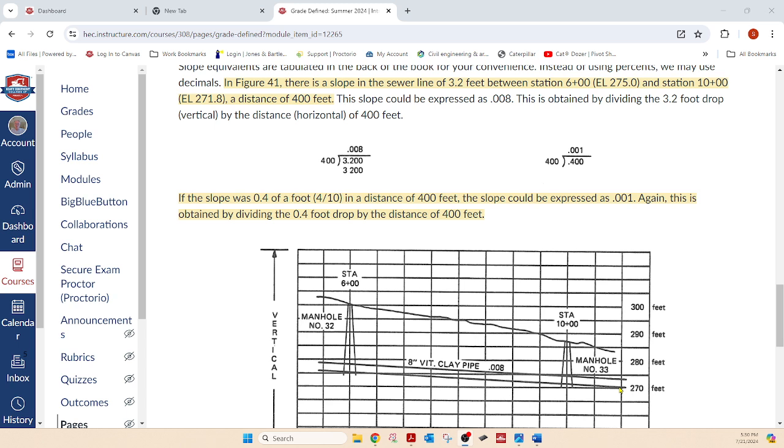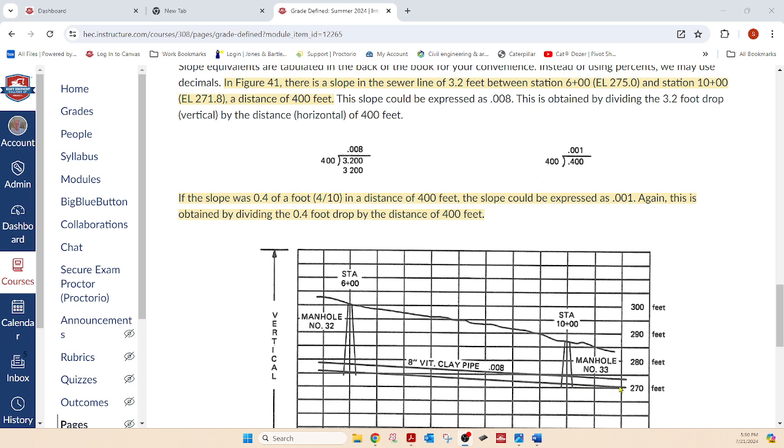So the inlet is 270. I forgot. 275. Didn't I say 275? 275. The inlet is 275. Now, I'm assuming inlet because I'm assuming gravity flow.